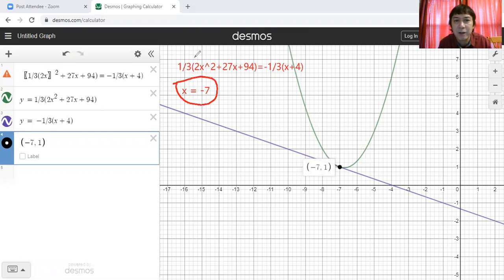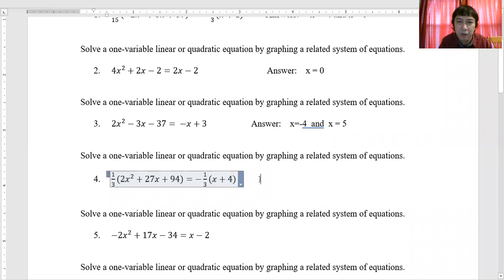Okay, we can return to the problem set and we can put the answer here. And that's it. X is equal to -7. Let's proceed to number 5.